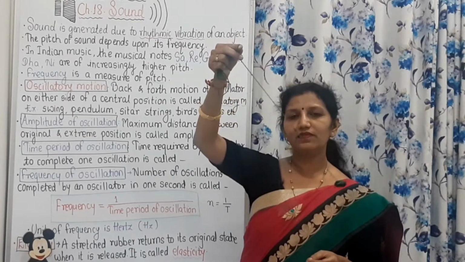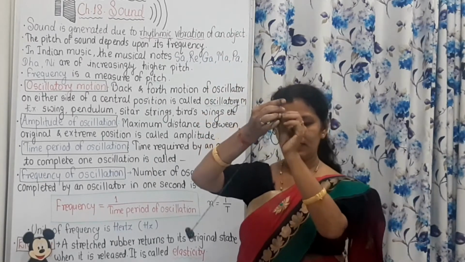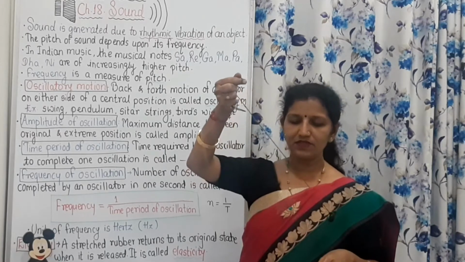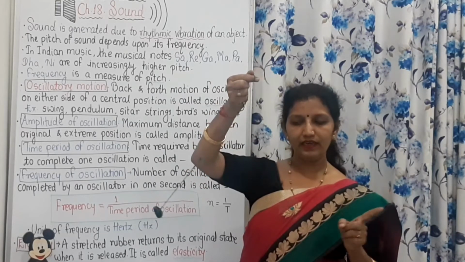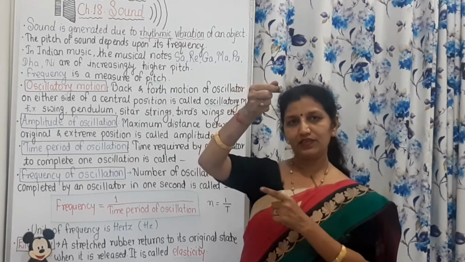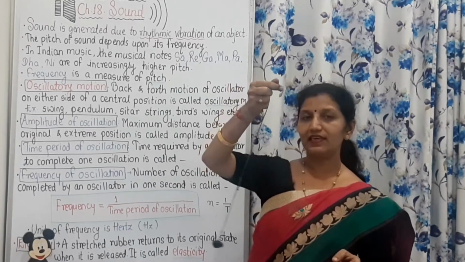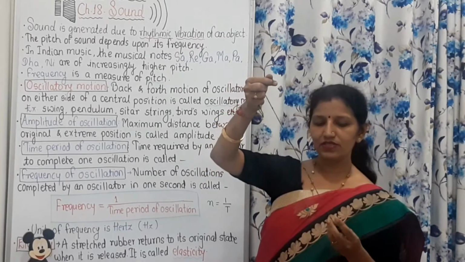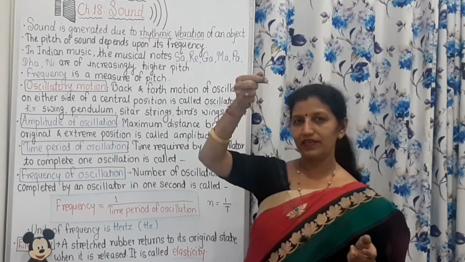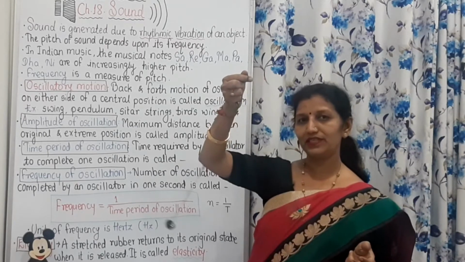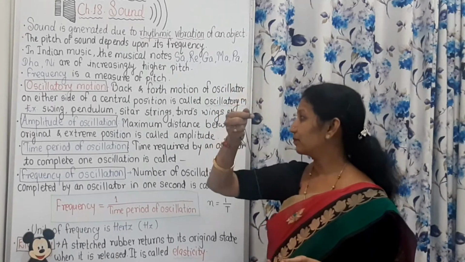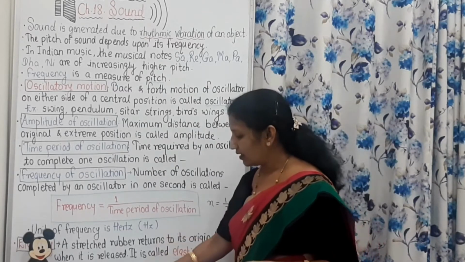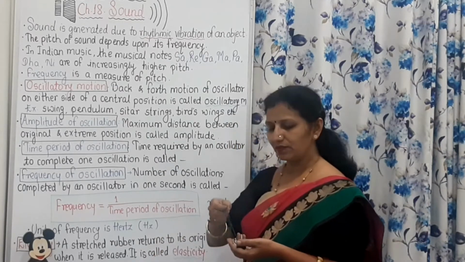It will move like this, from central position A to B, A to B. Like that, one oscillation is completed when it comes back to its original position. And there is back and forth movement.